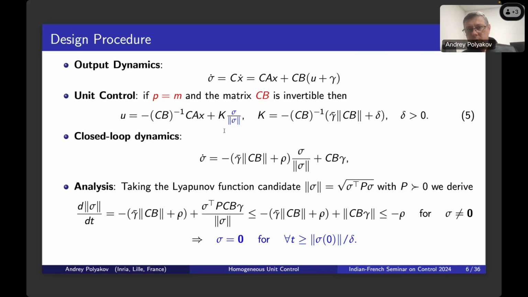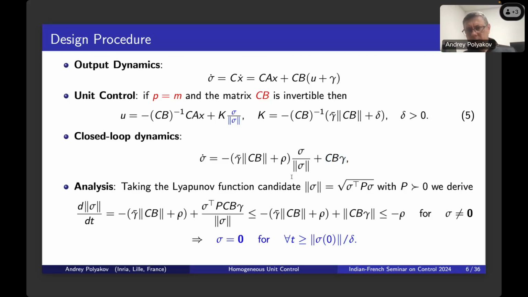But the second term in the control is selected such that this output will be asymptotically stable, and even more, under some perturbation. So here, this part, the gain selected for the unit control, rejects this perturbation. It's easy to check this property.